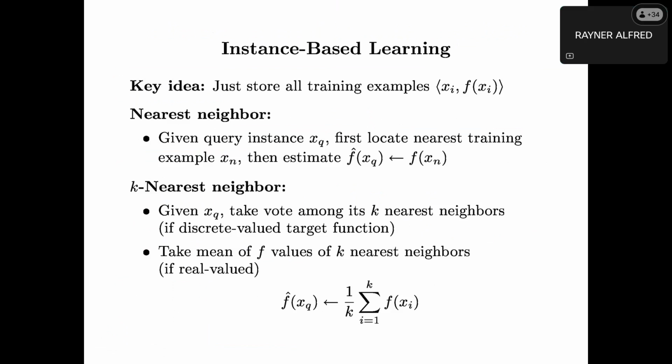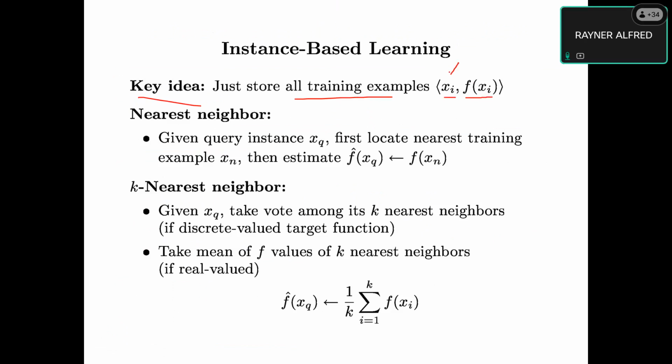For instance-based learning, we are looking at this key idea. Suppose we have all the training examples. We have the individual item, which is your instance, and also we have the label.